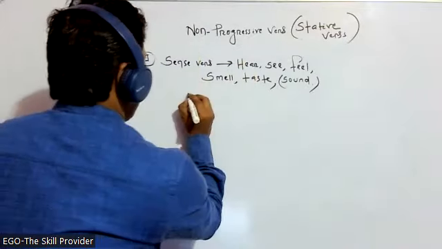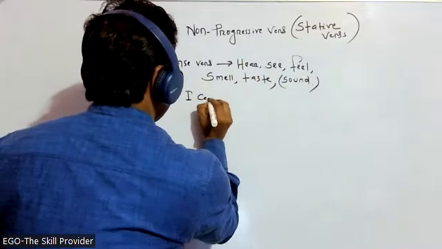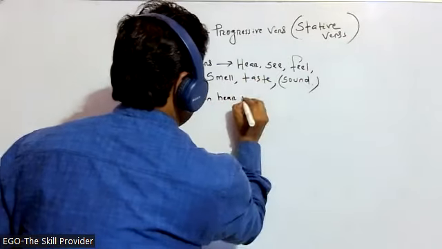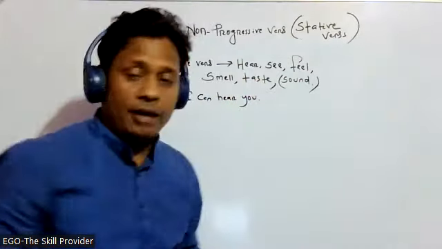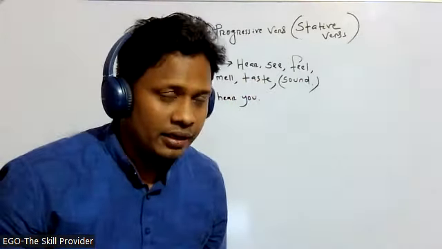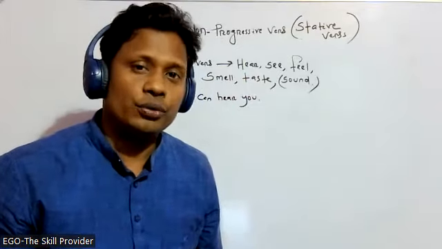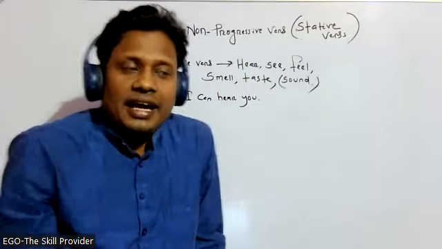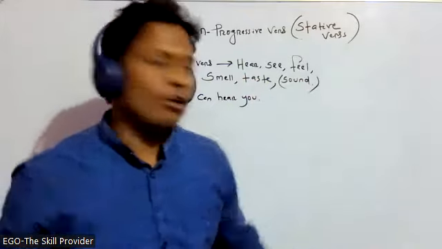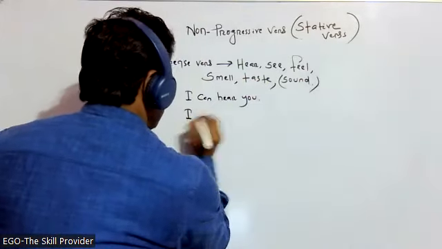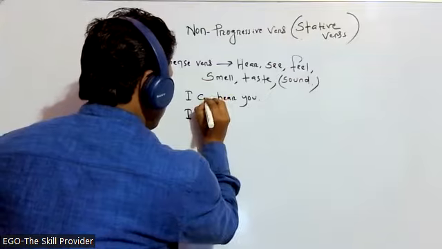You can say, I hear, I can hear you. Guys, can you hear me? Yes, sir, I can hear you. That's all. You cannot say, I am hearing, which is completely wrong. You can use it with can. That's why it's very important.